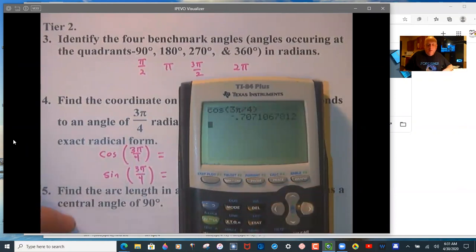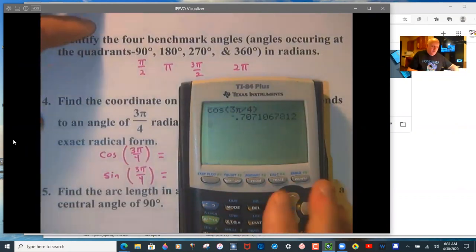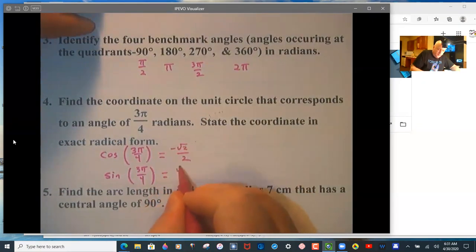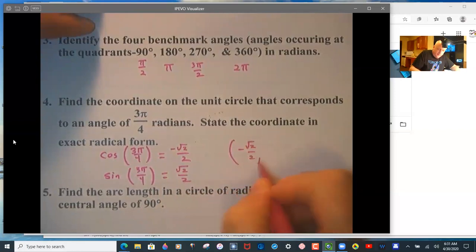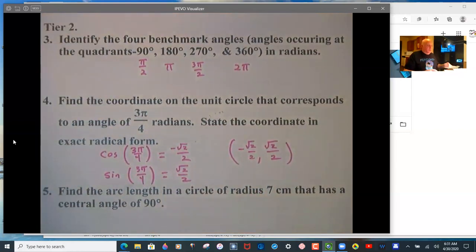Cosine of 3 pi over 4, and then sine will be positive 0.7071. So this is going to be negative square root of 2 over 2, positive square root of 2 over 2. That's what I want. I want the exact values. It has to do with the 45, 45, 90 right triangles, 30, 60, 90 right triangles.